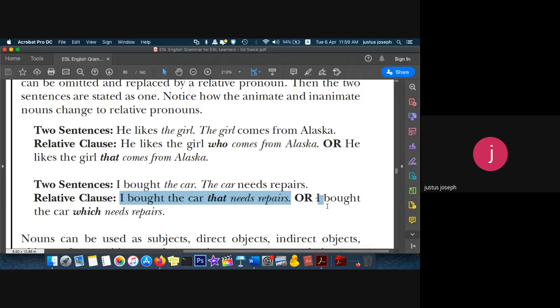When you look at this sentence, here the essential information is I bought the car. That is the essential information. That is the main story, that he bought the car. Now the car might need some repairs.